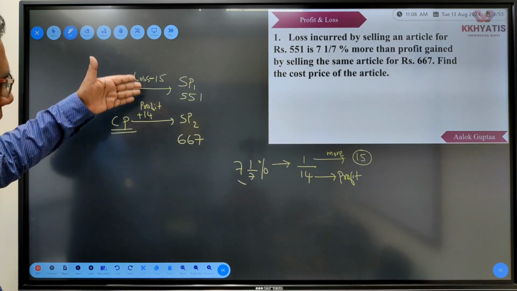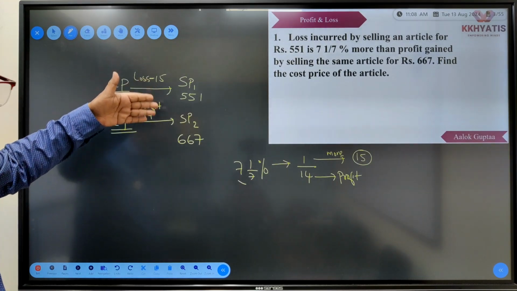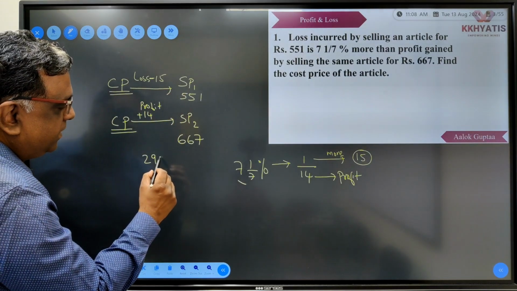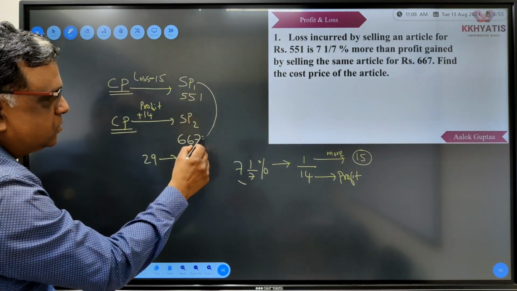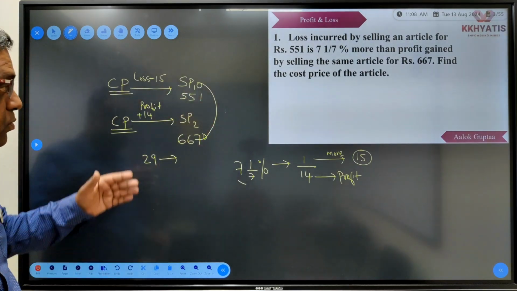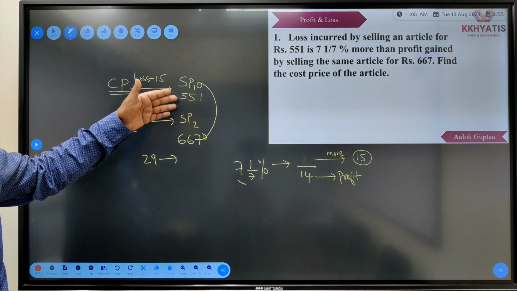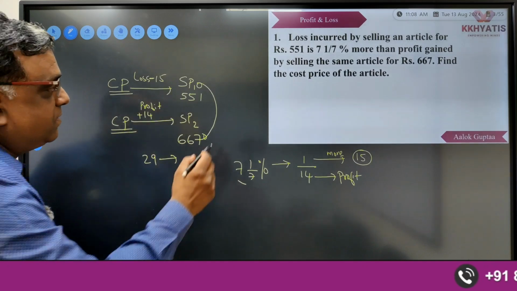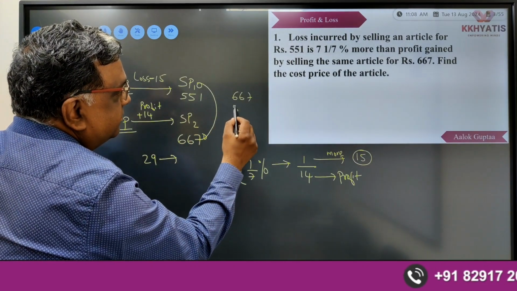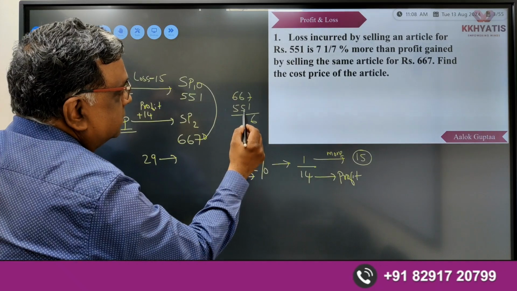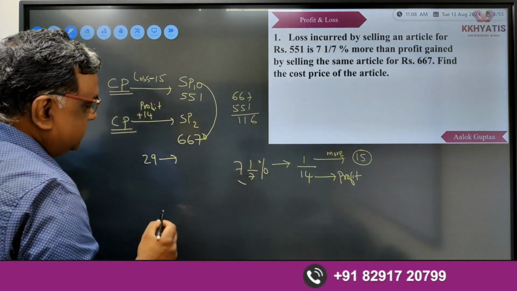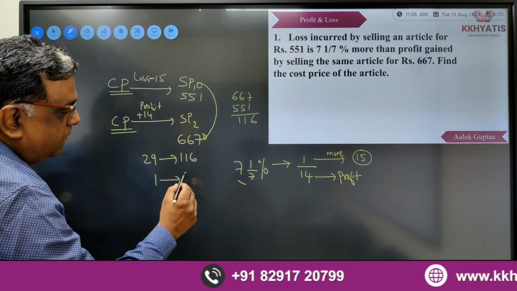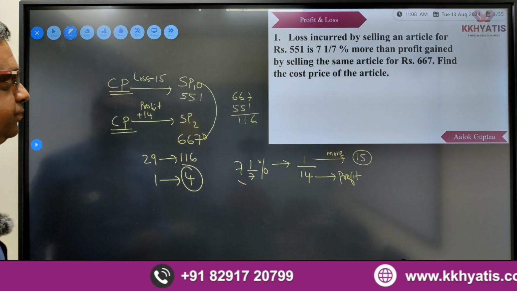Now, can I say the difference between the profit and loss here is 29, 14 minus 15? That corresponds to the difference between these two selling prices. Because whatever is the difference between loss and profit will be because of the difference in the selling prices. Absolutely. So 667 minus 551, 116. So 29 corresponds to 116, which means 1 will correspond to 4.